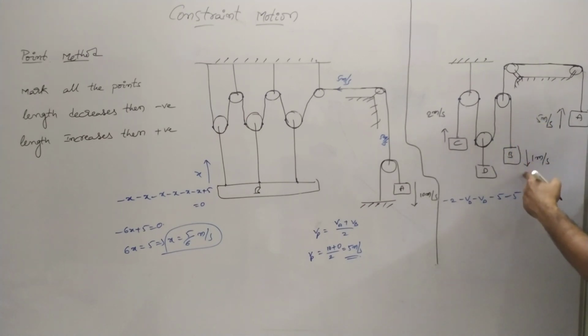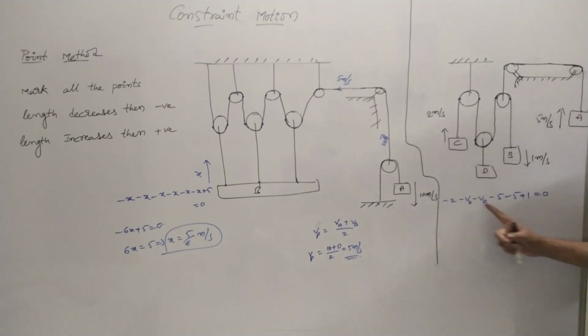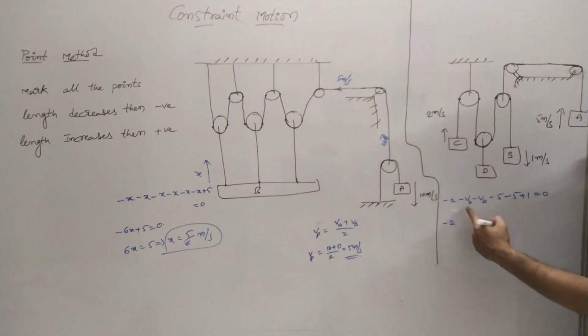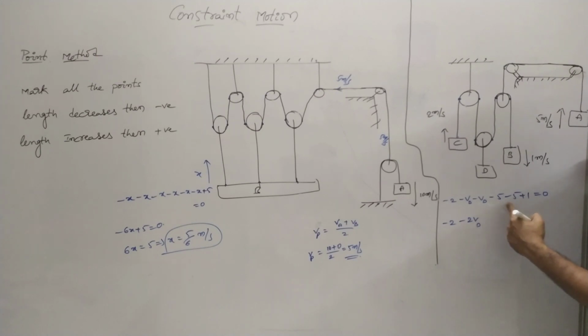Observe this block is moving in the downward direction with a velocity of 1 meter per second. So here the length increases, plus 1 is equal to 0. So here observe that minus 2 V suffix D, minus 5 twice which is minus 10, plus 1 is equal to 0.